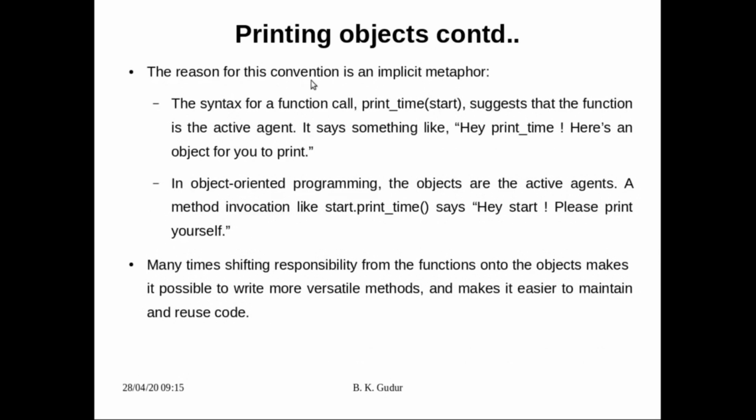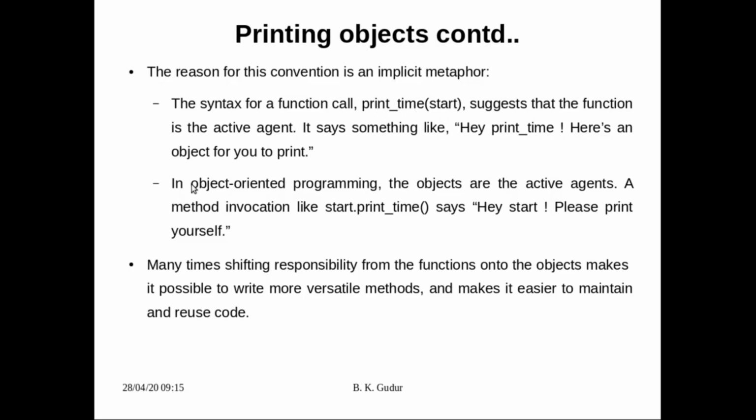The reason for this convention is an implicit metaphor. The syntax for the function call, like print_time(start), suggests that the function is an active agent. I was telling this earlier. Here, the function is an active agent. So it says something like this: hey print_time, here is an object for you to print.